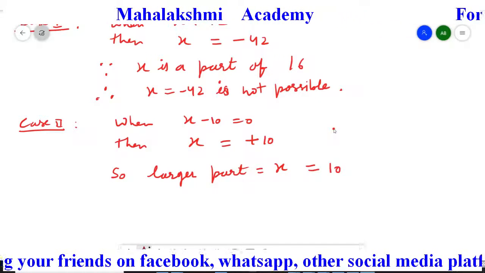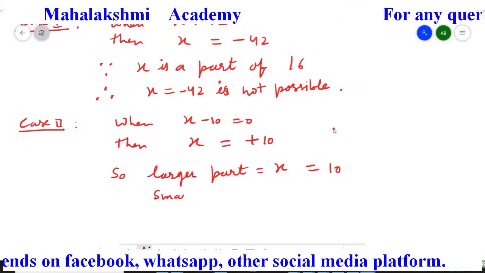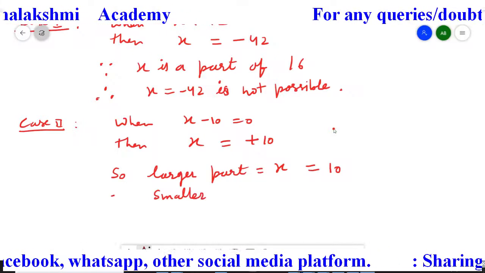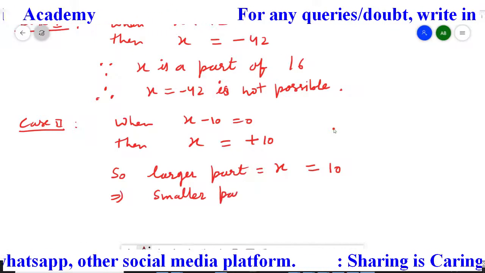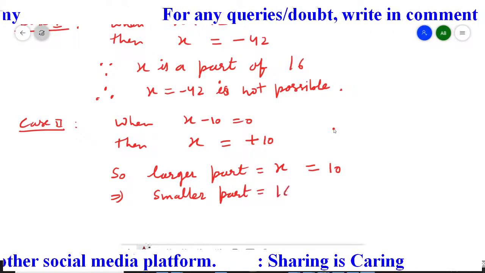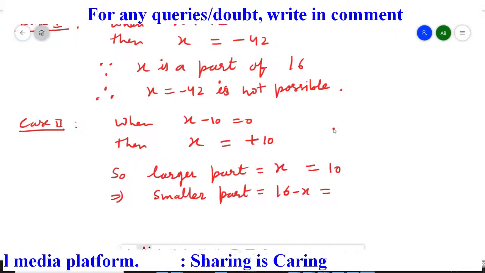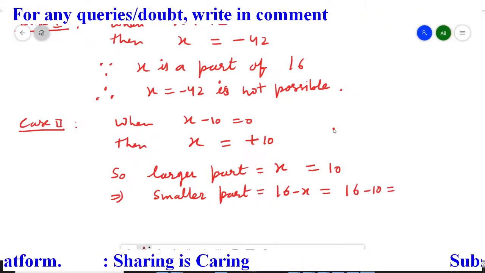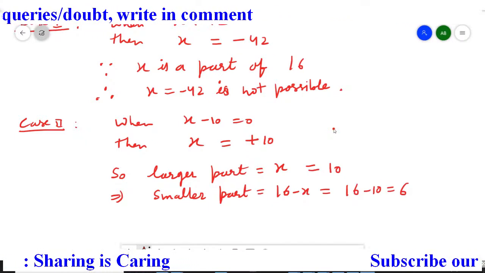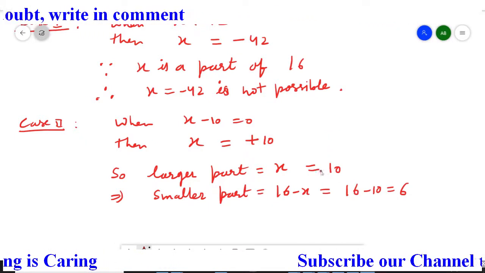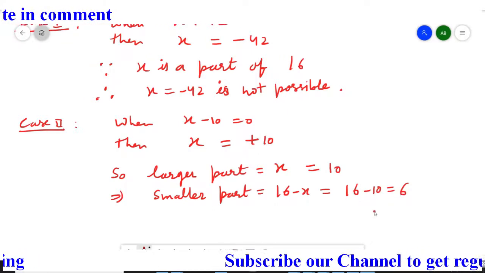Now we have to get the smaller part also. So the smaller part is equal to 16 minus x, that is 16 minus 10 is equal to 6. So this is our answer, that is 10 and 6 are our required numbers.